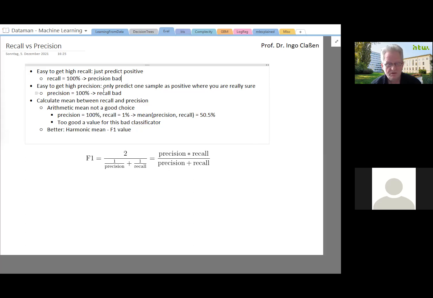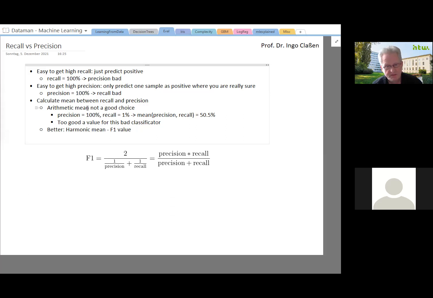So then an easy solution, or a first idea that might come to mind, is just to calculate the mean between recall and precision. That might be a good idea, and actually that's a good idea. Take both of them into account. But the first thing that we might do is calculate the usual mean, that is the arithmetic mean.